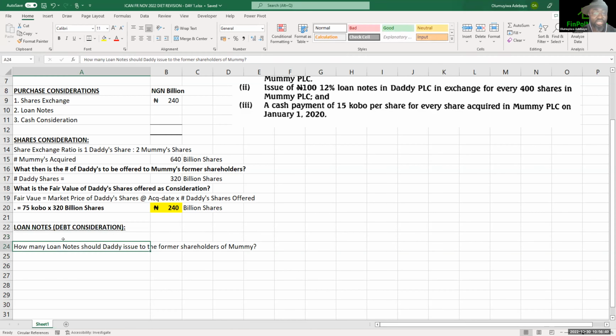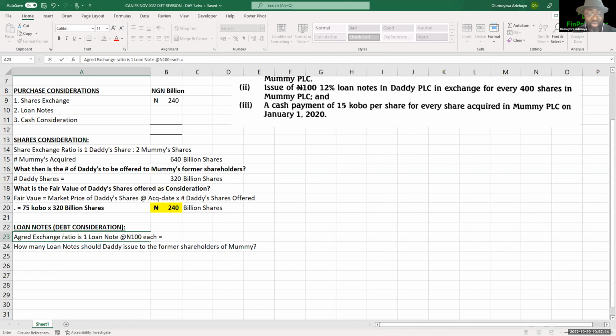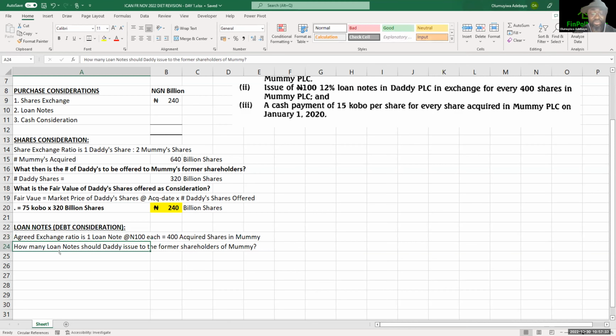Now, this question is as a result of the agreed exchange ratio: one loan note, which is at 100 Naira per note, is equivalent to 400 shares, 400 acquired shares in Mommy. Therefore, if we take note of this, similarly, that ratio, we ask ourselves this question.